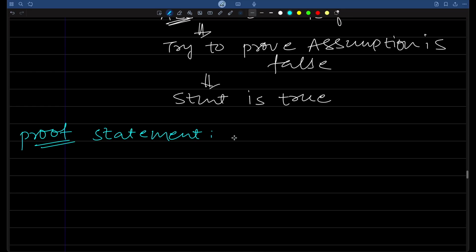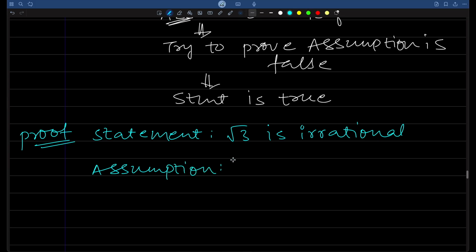The statement is root 3 is irrational. We will assume that root 3 is rational.